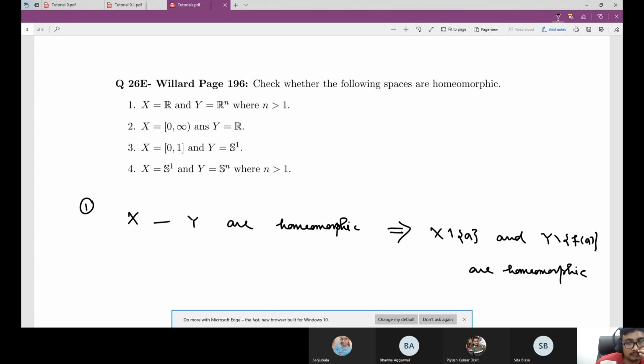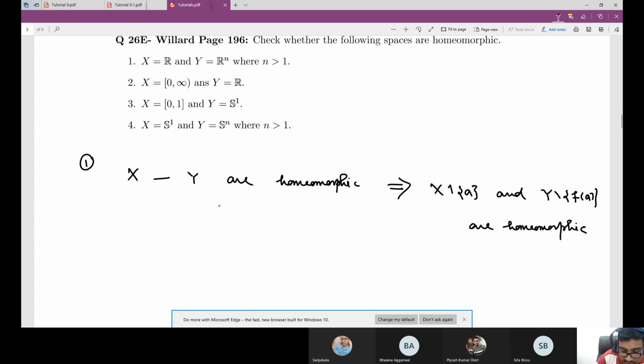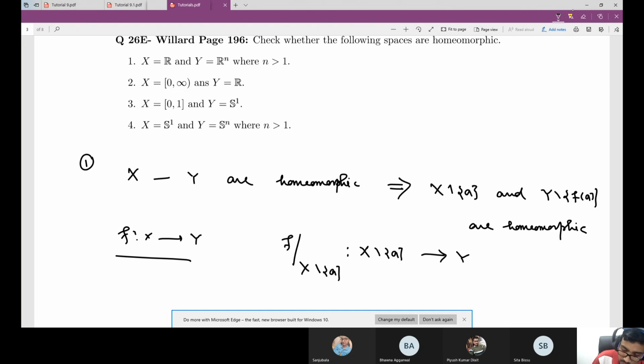Just take it that f from X to Y is the homeomorphism. You take the restriction to X minus A. This is a map from X minus the set A to Y minus f(A), and this will give you the homeomorphism between X minus A and Y minus f(A).